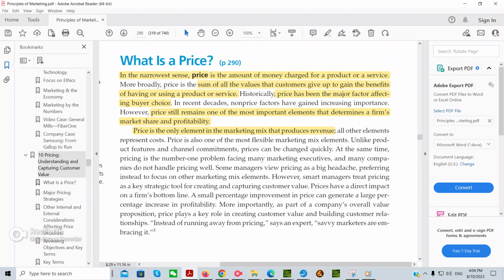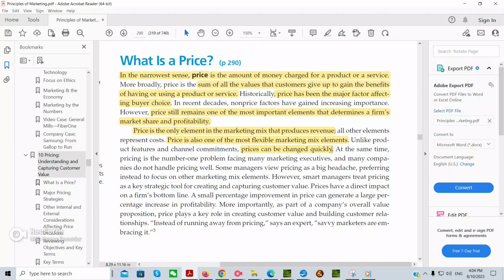Price is also one of the most flexible marketing mix elements. Now, the reason is because it can change temporarily or permanently. Usually temporarily. Unlike product features and channel commitments, prices can be changed quickly. So that's the reason. Can be changed quickly.